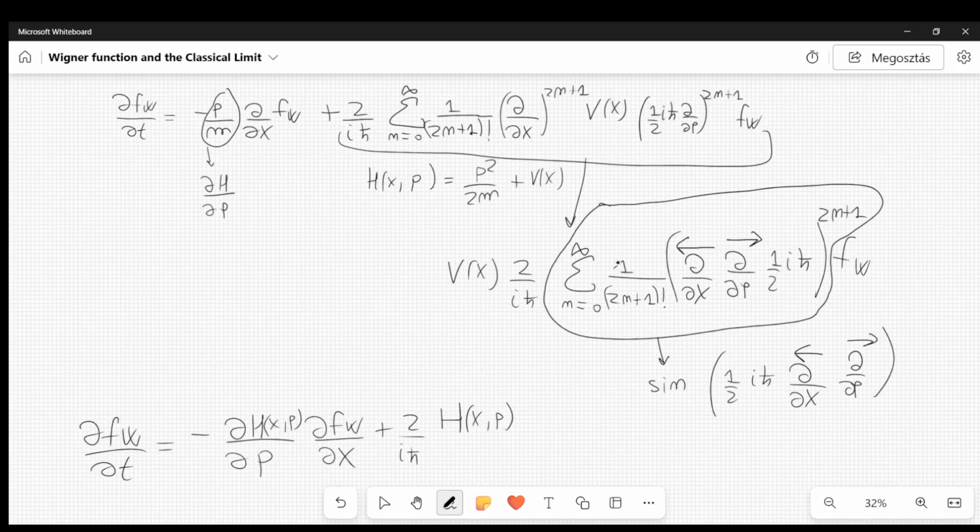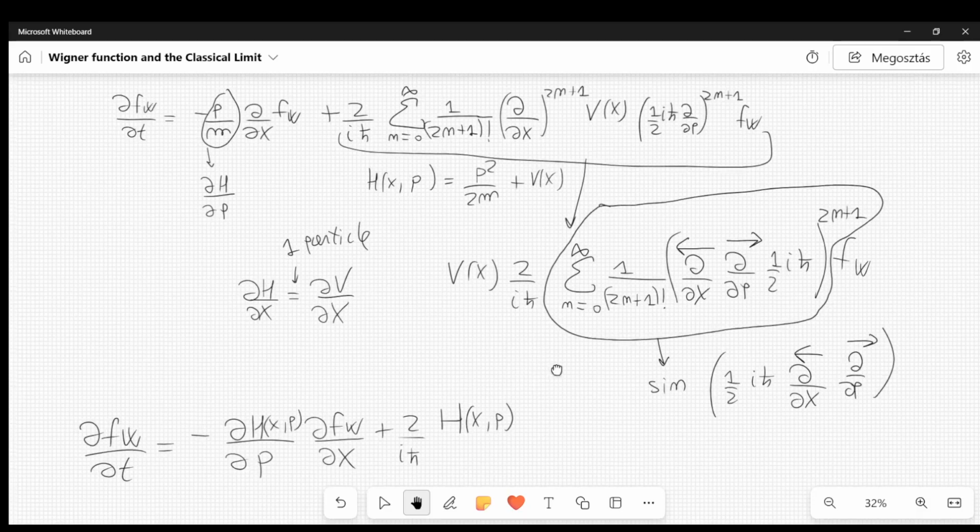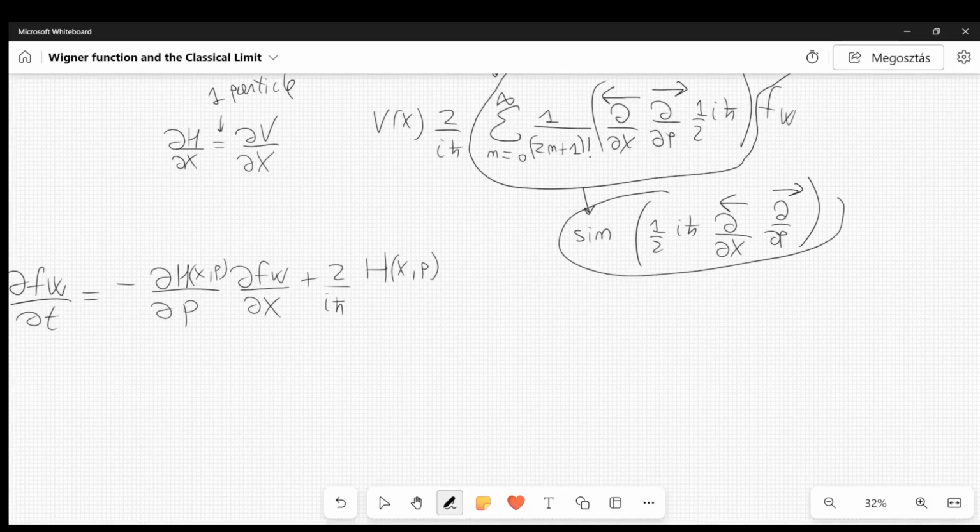But since we are just taking the derivatives with respect to x on the left, the derivative of the Hamiltonian with respect to x for one particle, so this is true for one particle, is equal to the derivative of the potential energy with respect to x. So here we can put the Hamiltonian, and then we have this formal expression with a sine.